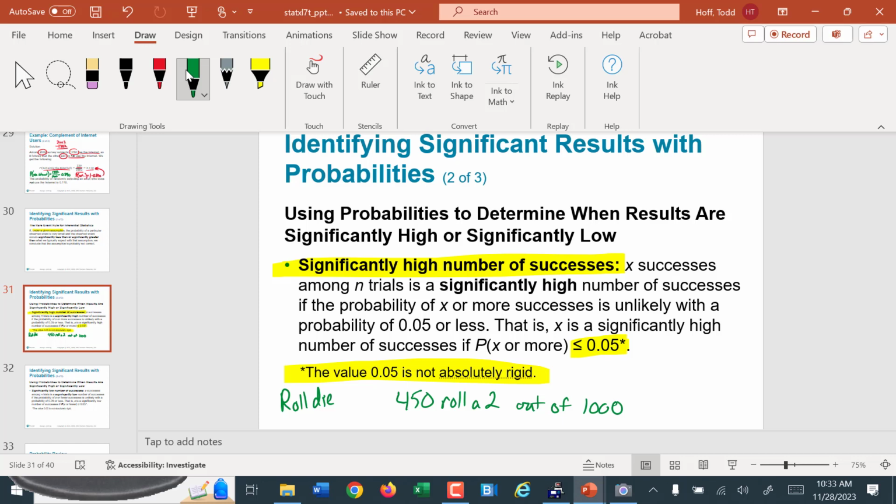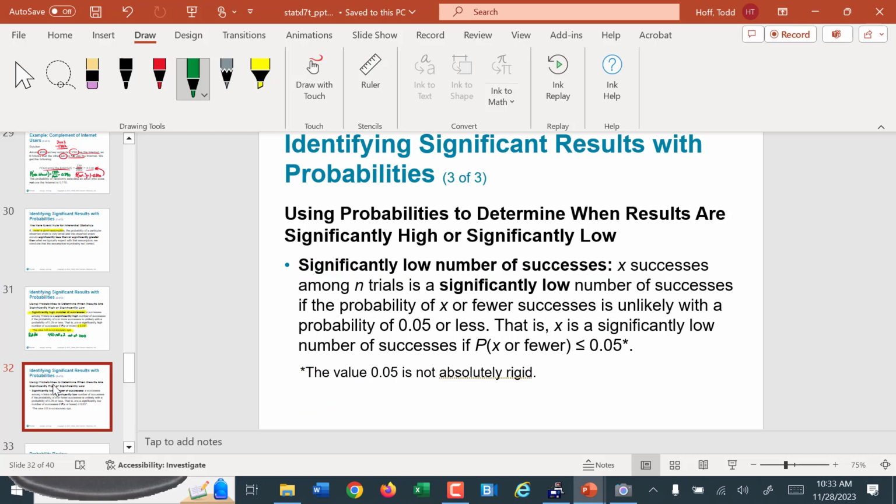We'd have to calculate the probability, but that might make this an unlikely event. The opposite could also be true. If we have significantly fewer, so we expect 167 2s out of our 1,000 rolls, but then we only roll 2 24 times.